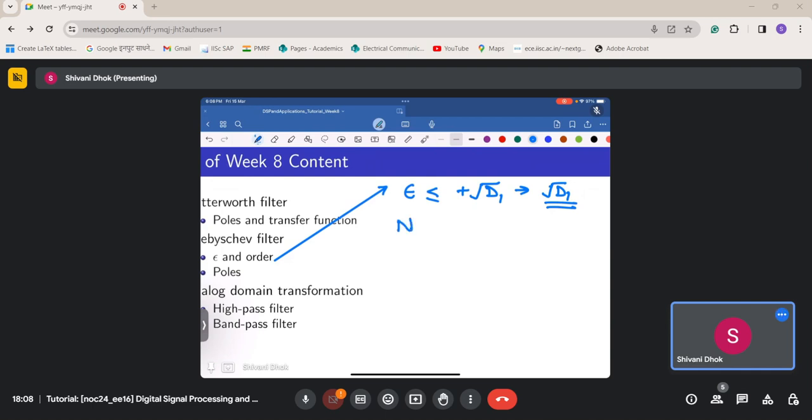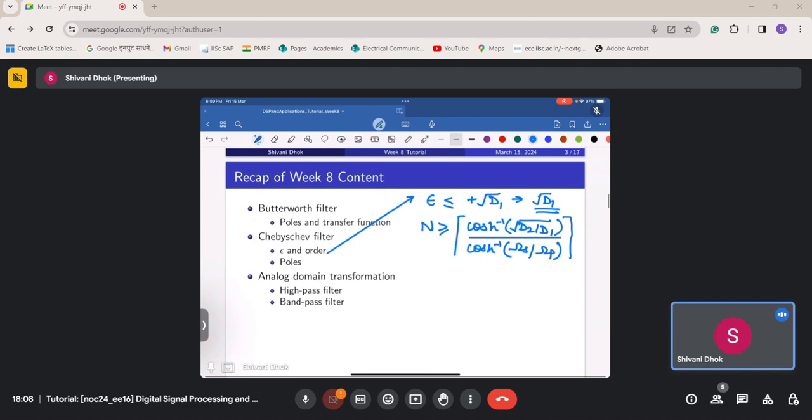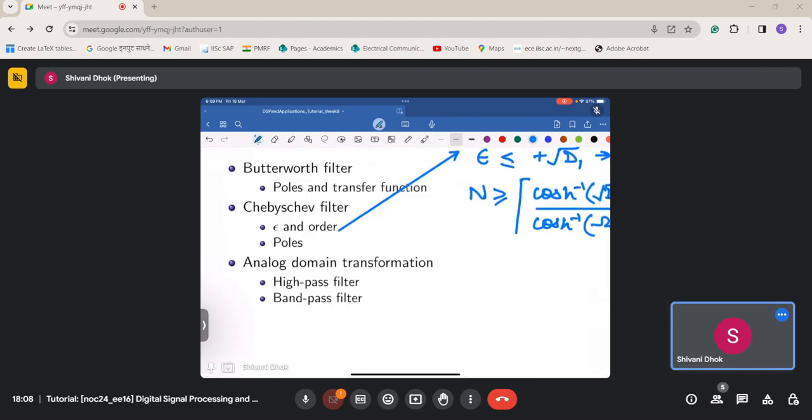Then we had the formula n to be at least equal to the ceiling of cosh inverse under root of d2 by d1 upon cosh inverse omega s by omega p. So this was Chebyshev filter. We looked at its poles also.